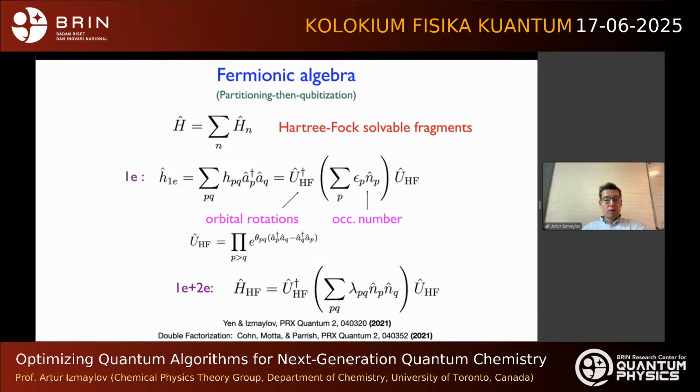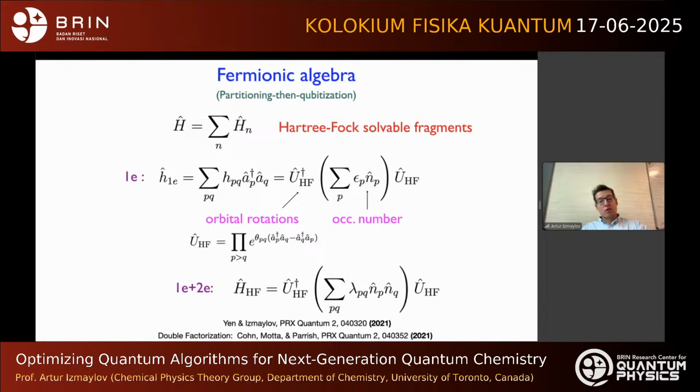If you take the quadratic occupation form and then do the orbital rotations, you will get fragments that look like normal two-electron fragments, and you will not recognize by looking at them that they are actually exactly solvable by the Hartree-Fock method, because the Hartree-Fock method finds these orbital rotations that bring things to the occupation number form, right?